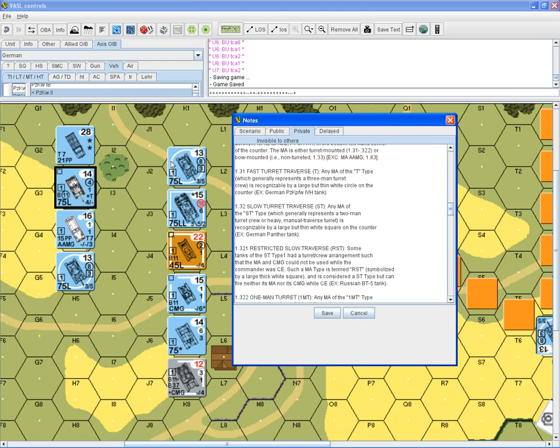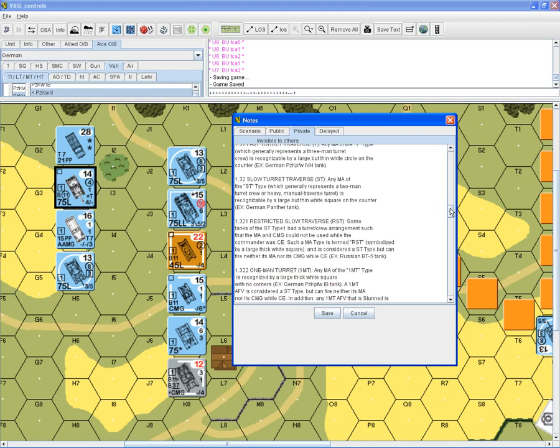So a thin white circle around the counter represents that this is a fast traverse vehicle. The next representation would be a slow traverse turret, or ST. And that's represented by a thin white square on the counter. So for example, this counter here, thin white square that goes around the counter.